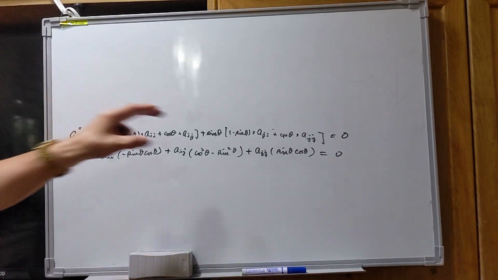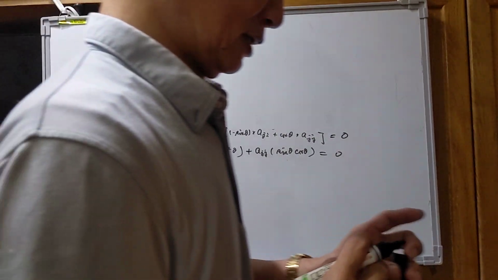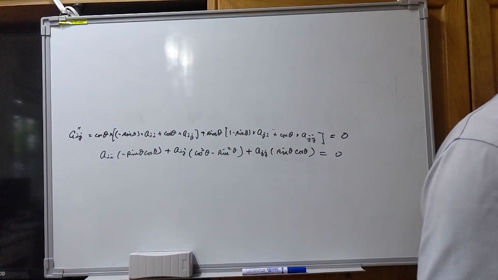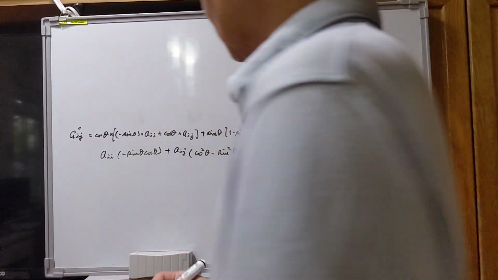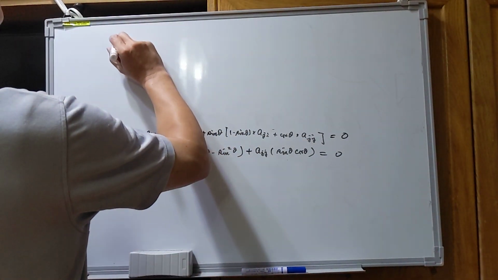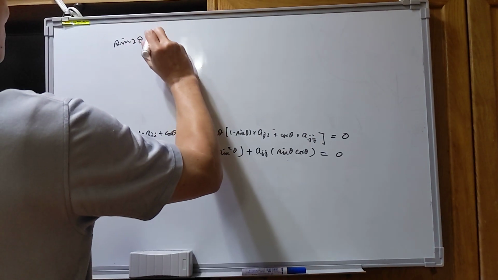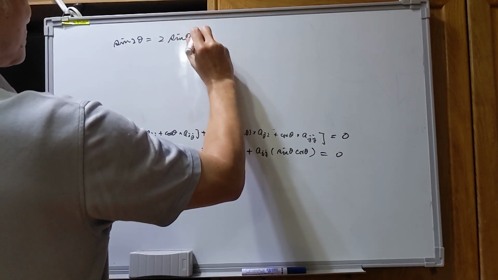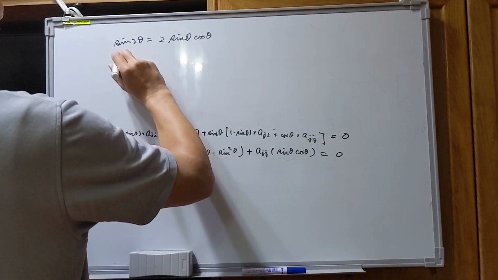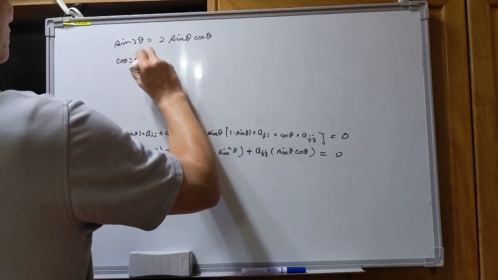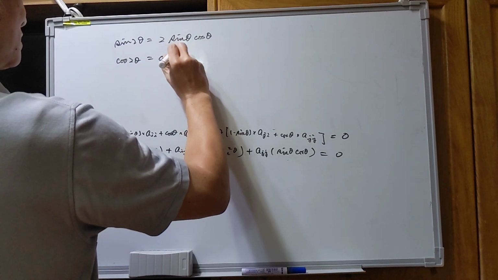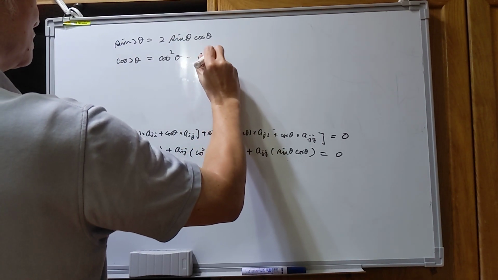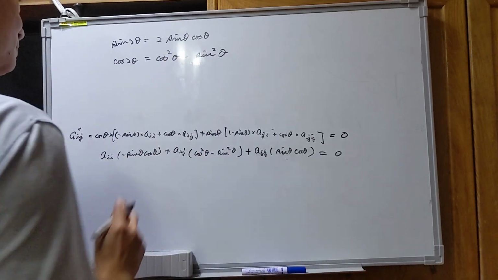Okay, so I just multiply the values to get this one. And also remember sine 2 theta is equal to 2 sine theta cosine theta. Cosine 2 theta is equal to cosine squared theta minus sine squared theta.